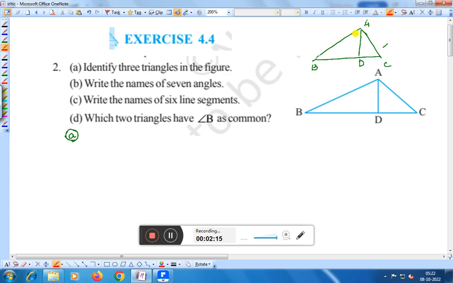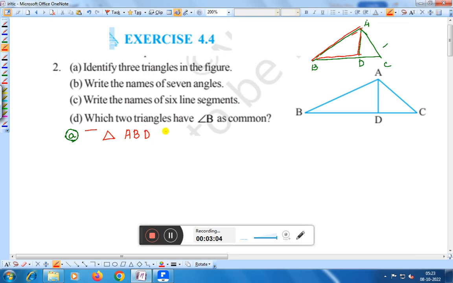One triangle is triangle ABD, that is A, B, and D. This is one triangle. Therefore, you can write triangle ABD.